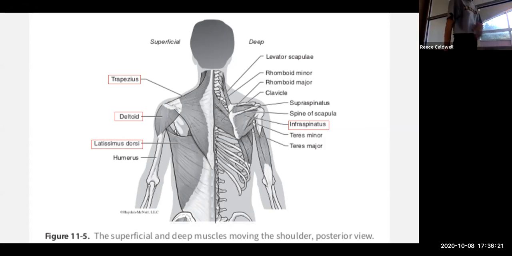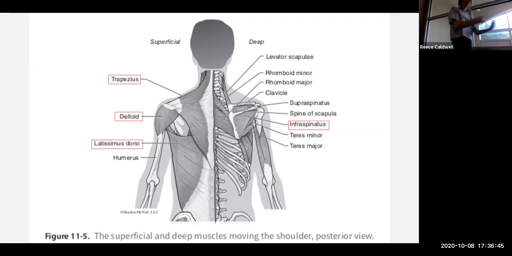Any good exercises here? For latissimus dorsi, anyone know any for the lats? Wide grip pull downs, yes. Pull ups, yes. Lateral pull downs. So any type of pull is going to be great for the lats.